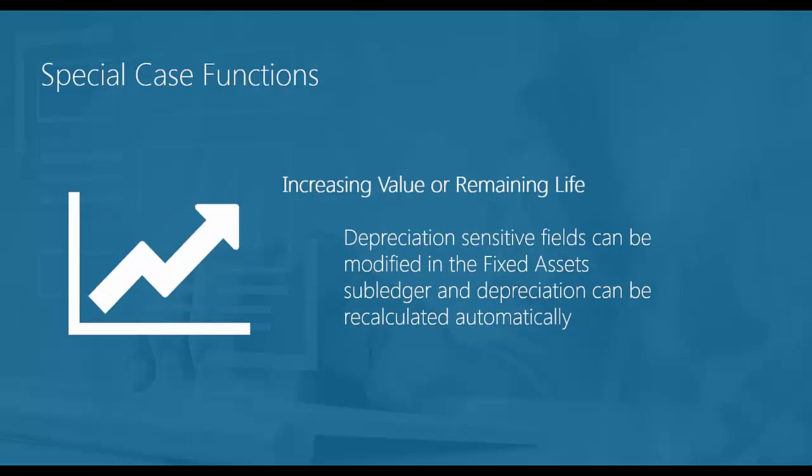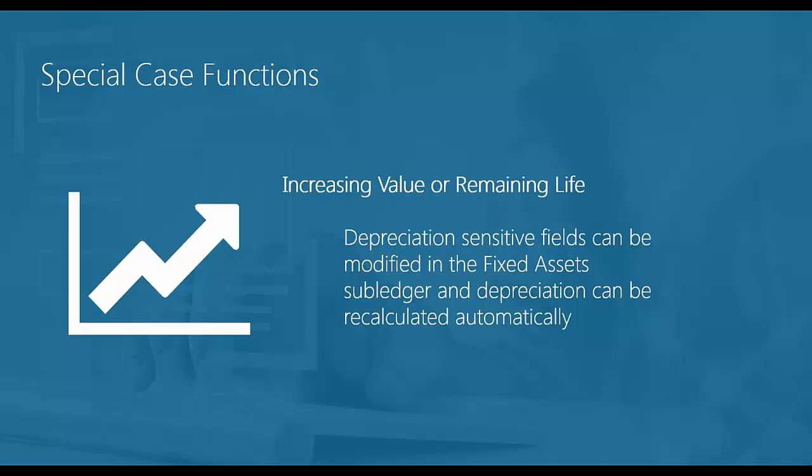When you change a depreciation sensitive field in fixed assets, you'll actually be advised. And then you're going to be asked if you want to recalculate depreciation for the life of the asset, which will go back to the place in service date, the year to date of the asset, which would only go back to the beginning of the current fiscal year you're currently operating in, or to only adjust depreciation moving forward.